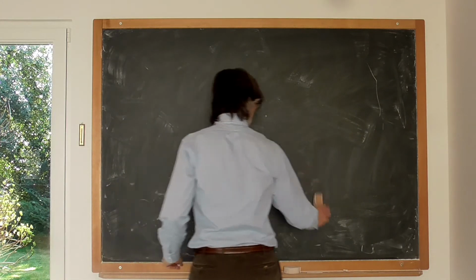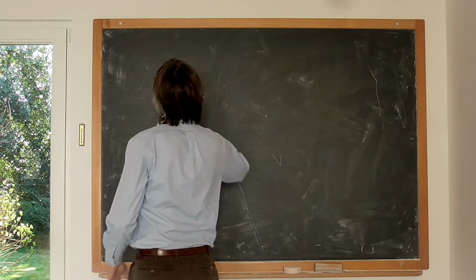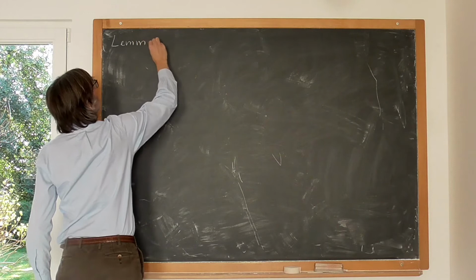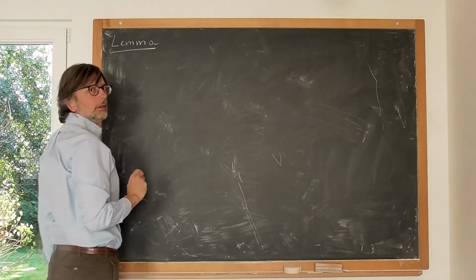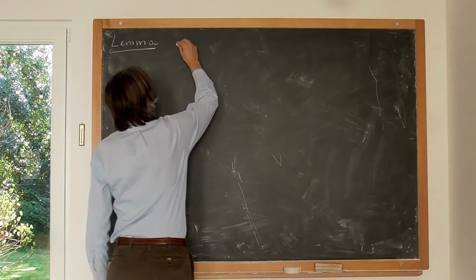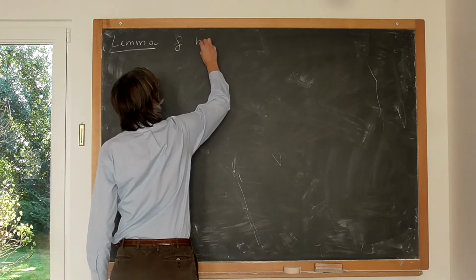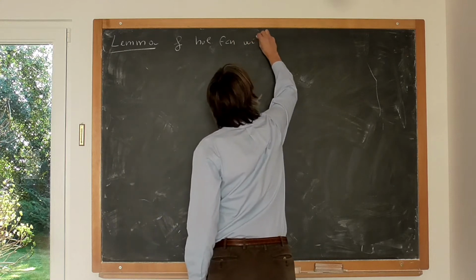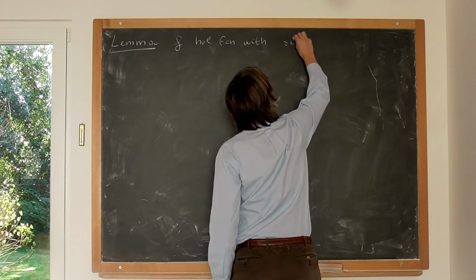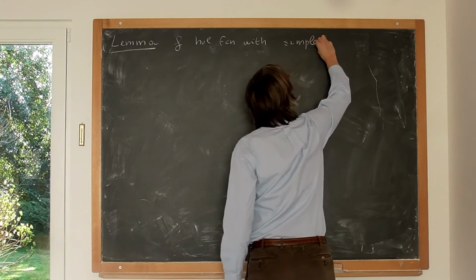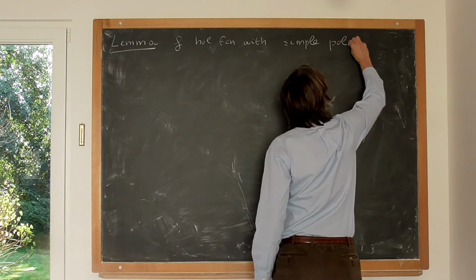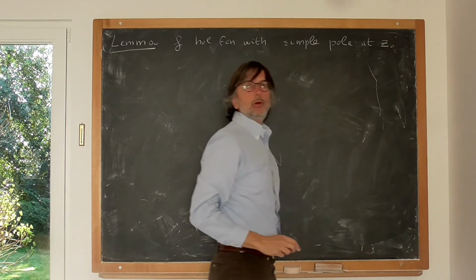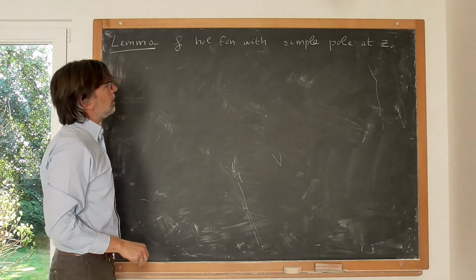Let's do this a bit more generally, because then we will have a criterion which can be used also in other cases. So let's prove the following lemma. Let's say that f is a holomorphic function with a simple pole at z0. Okay, so here it's important that the pole at z0 is simple.